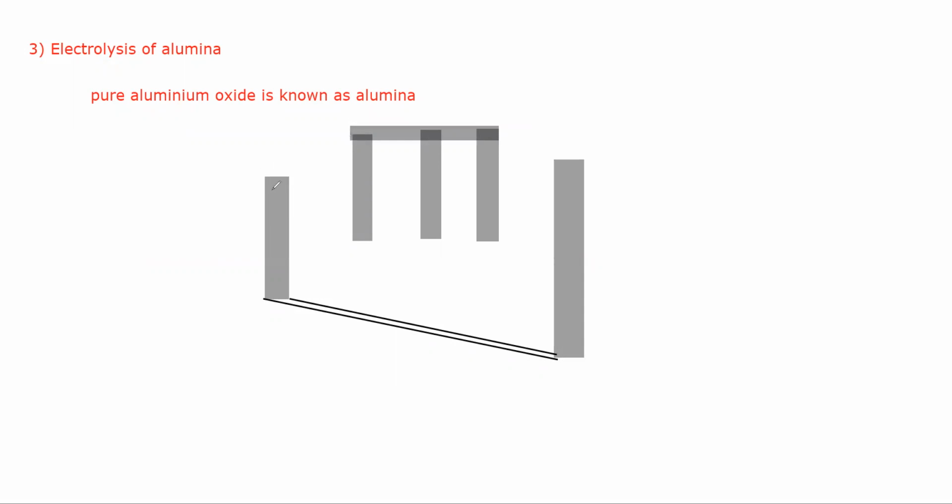The base and the walls are connected with the negative terminal of the battery. So when something is connected with the negative terminal of the battery, do we call it anode or cathode? If it is connected with the negative terminal of the battery, we call that cathode. So the base and the wall are connected with the negative terminal of the battery.